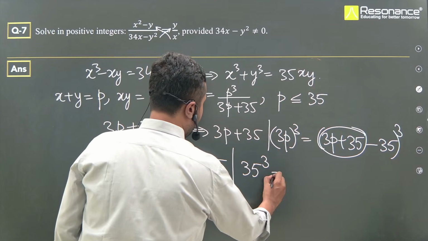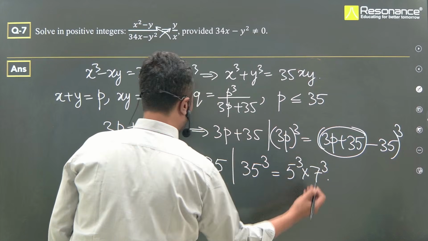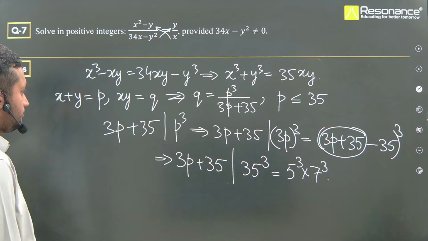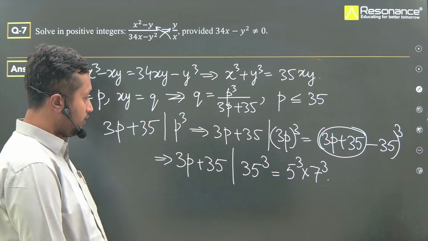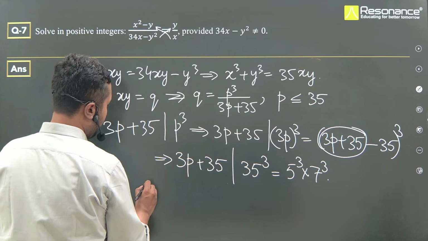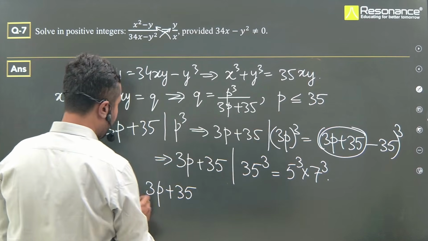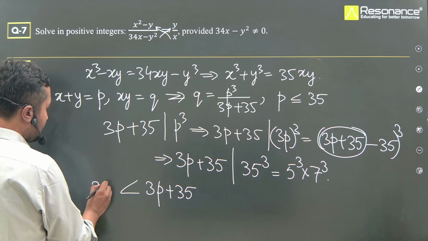And now what is that number? It is 5 cubed into 7 cubed. So 3p plus 35, what kind of a number are we really thinking about? We have some bounds coming from here. First things first, that is greater than 35.